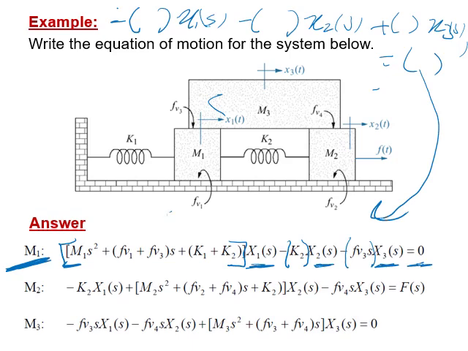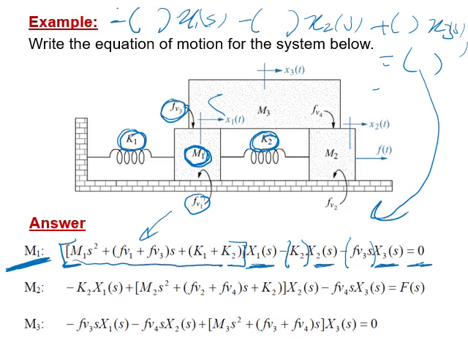Now, what to put in the first bracket? We are going to put the total impedances linked directly to M1. What are they? If you notice here, this is M1. This is the first impedance, second impedance, third impedance, fourth impedance, and fifth impedance. They are connected directly to X1, and they are written here in Laplace format.